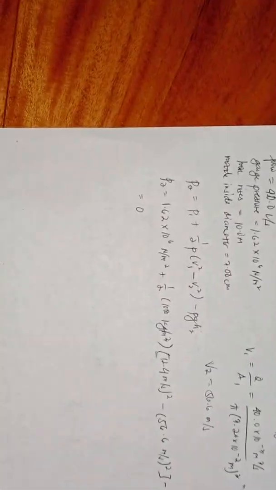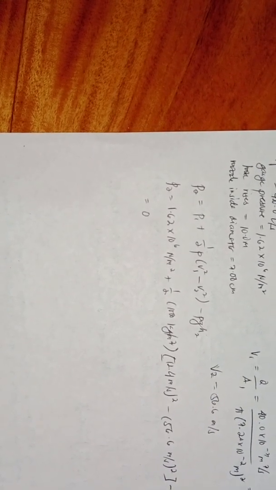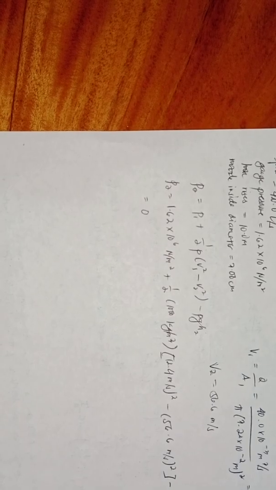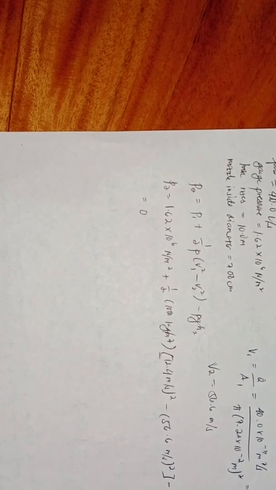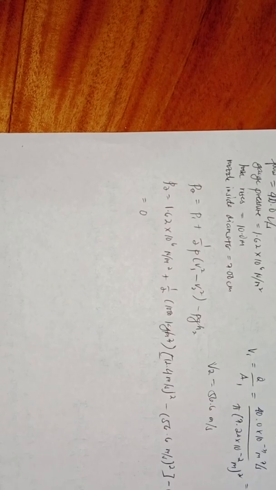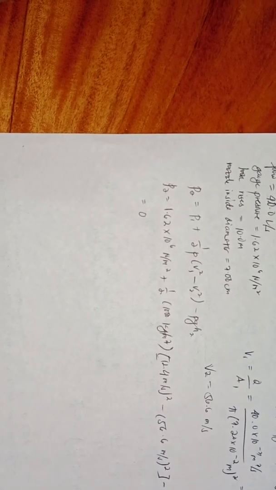So P sub 2 is equal to P sub 1 plus 1 half times density times V squared sub 1 minus V squared sub 2, minus density times gravity times height sub 2.